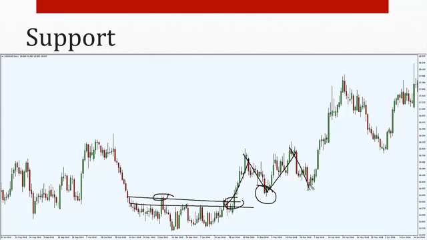Where did it pull back into? Previous support. Then it trades higher, breaking out above these highs over here, and then it pulls back into previous resistance, now turned support. And then it trades higher once again. So this is an example of price pulling back into an area of support in an uptrend, and this is just vice versa for a downtrend.